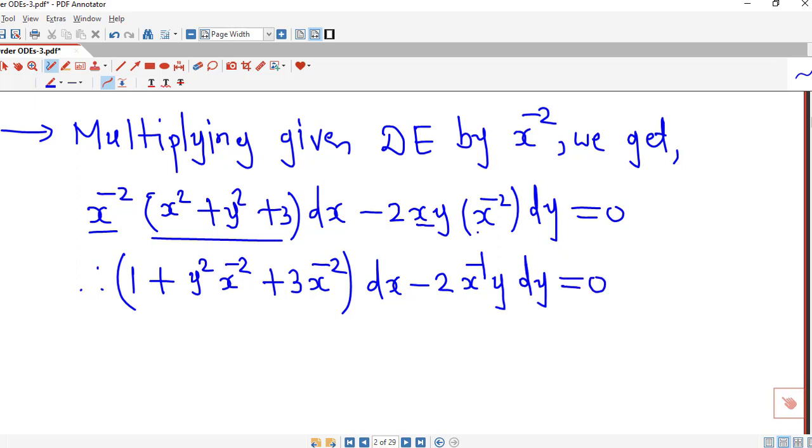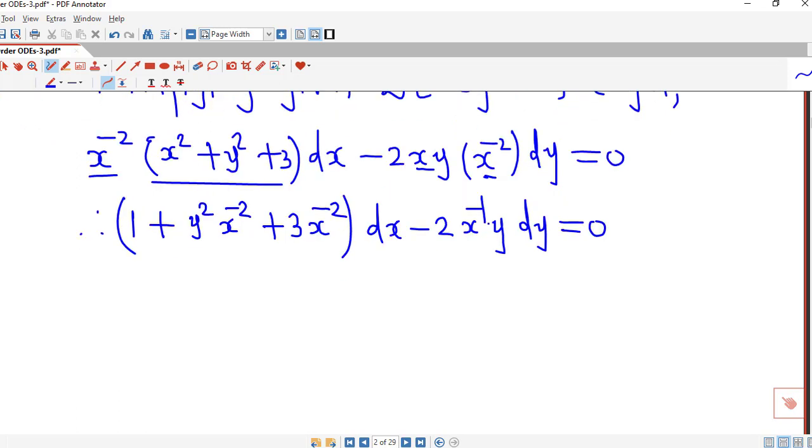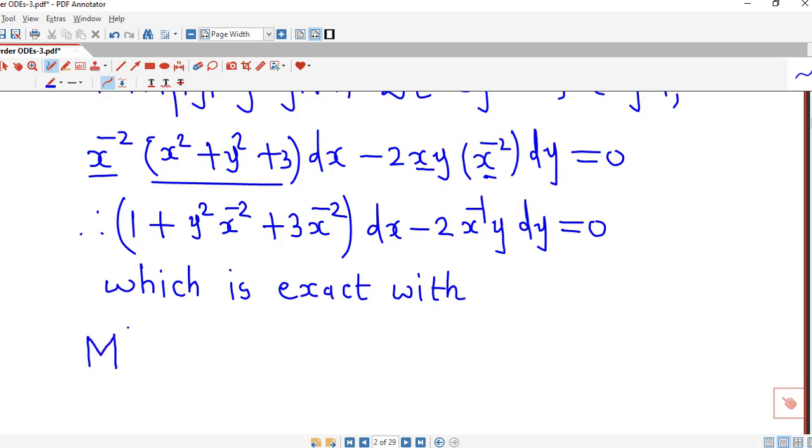Here x raised to 1, x raised to minus 2, so that is x raised to minus 1 and minus 2y as it is. So after multiplying we obtain this differential equation, and this is always exact. We don't have to check whether it is exact or not, and we denote coefficient of dx by, say, instead of M we can use M dash.